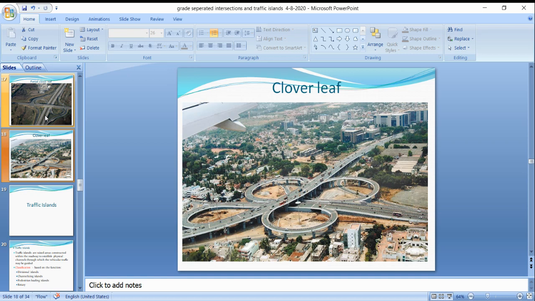There will not be any right turn, all are left turns, connecting to the left turning movement of the vehicle only. You can observe that more space is required. So where the speed of the vehicle is important and there are more than 5,000 vehicles per hour going to that junction, only then will we go for this clover leaf.